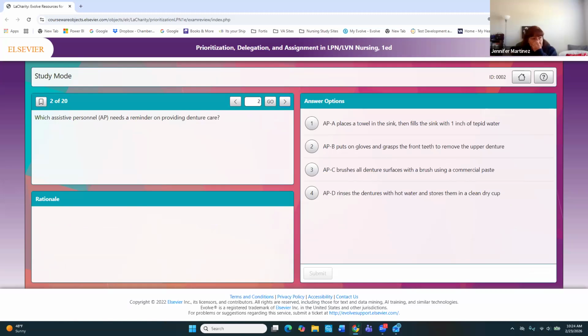The third one brushes all denture surfaces with a brush using a commercial paste. And the last one rinses the dentures with hot water and stores them in a clean, dry cup. Which one of those assistive personnel needs a reminder on providing denture care?